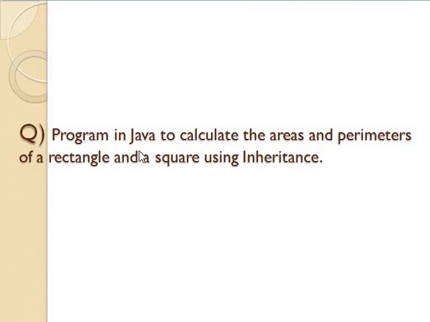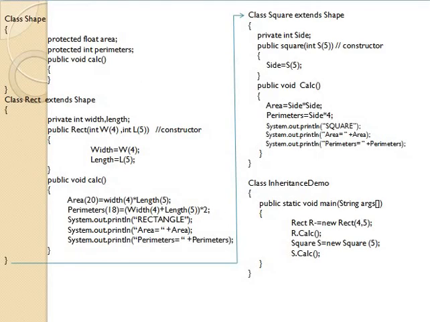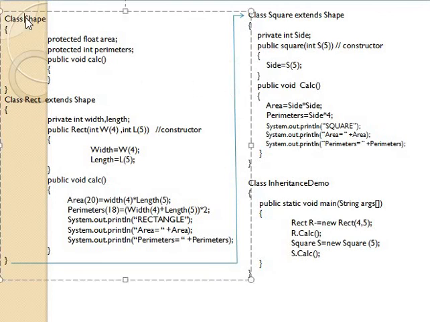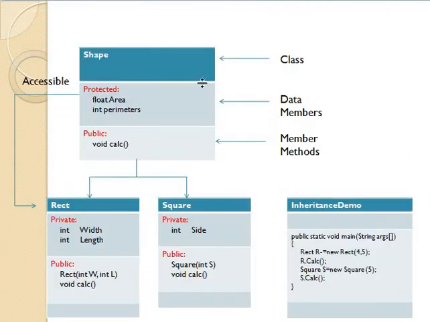Now I am going to show you a program in Java to calculate the areas and perimeters of a rectangle and a square using the concept of inheritance. And here is this program. At first, a class specified by the name shape has been declared. So here is this class specified by the name shape.